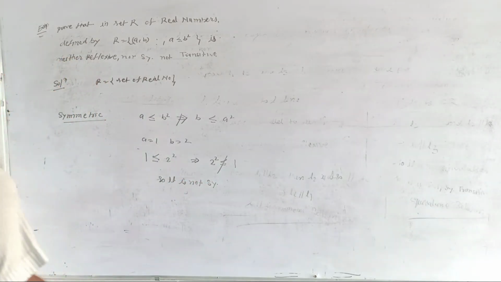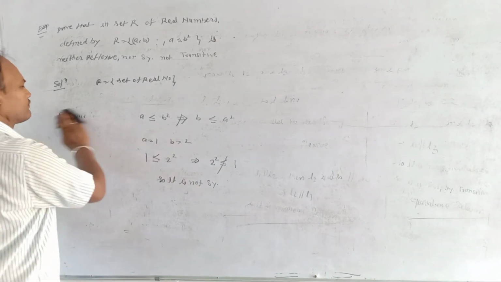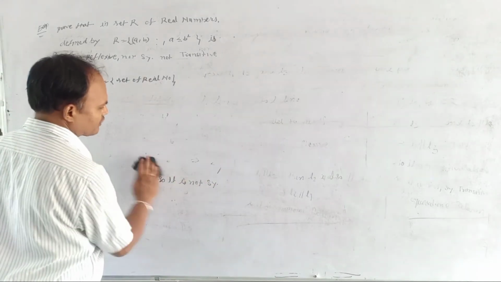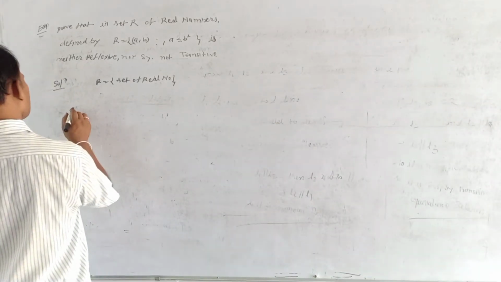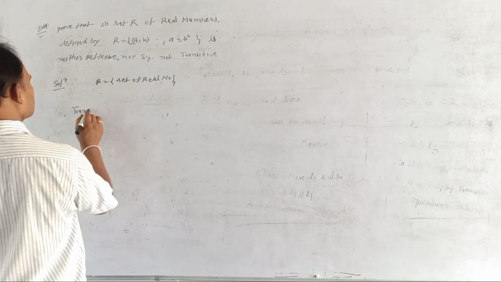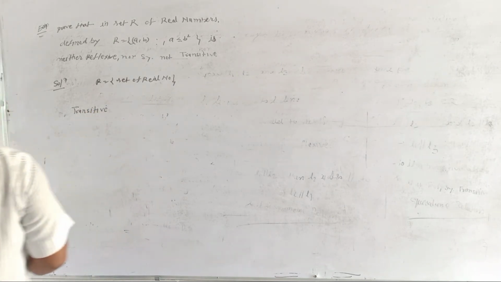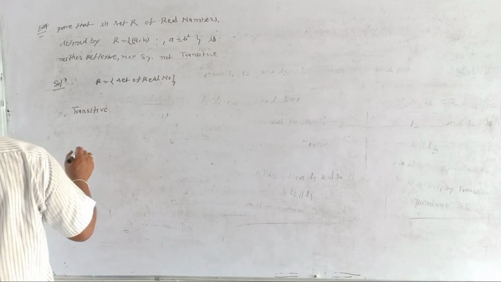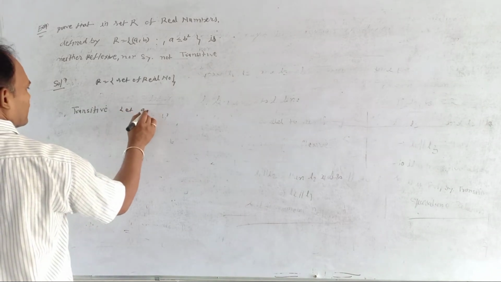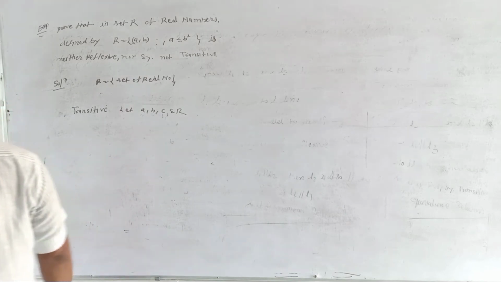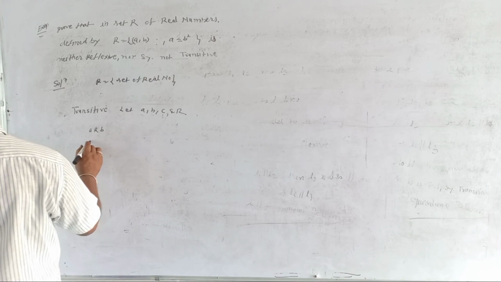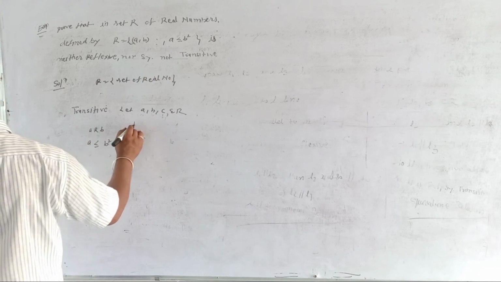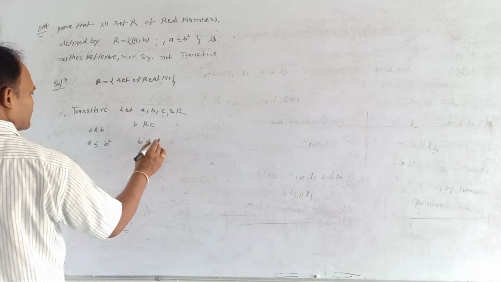Now the next one is transitive, the third part of this question. When we talk about transitive, let a, b, c belong to R. Then aRb means a ≤ b², and bRc means b ≤ c².